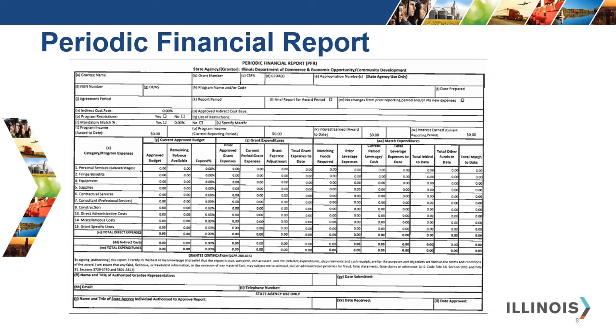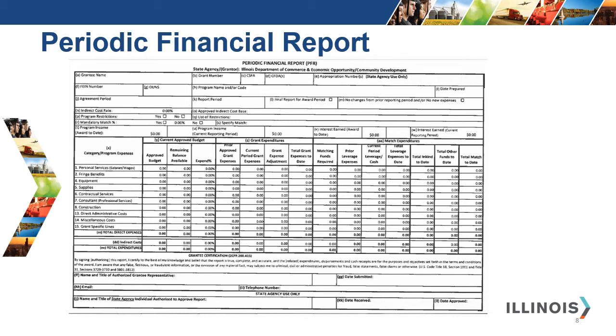On the PFR, there should be no indirect cost rate, there should be no program restriction, there should be no mandatory match. However, if Exhibit B of your grant agreement has other funds that you included in your application to complete the project, please list the other fund source in cell S, specify match.